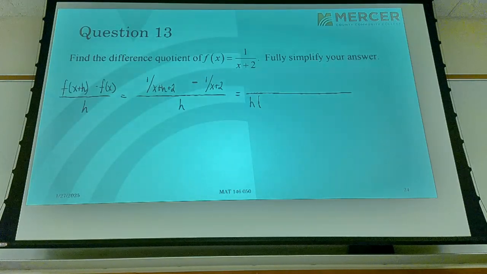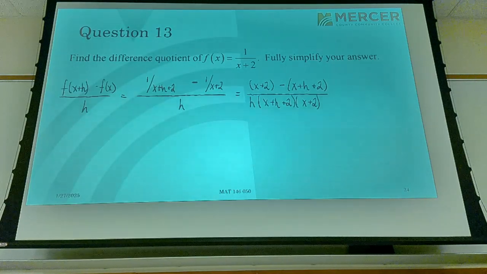Which in this case is x plus h plus 2 times x plus 2. Wait, so you multiply them, both numerator and denominator, by the LCD?